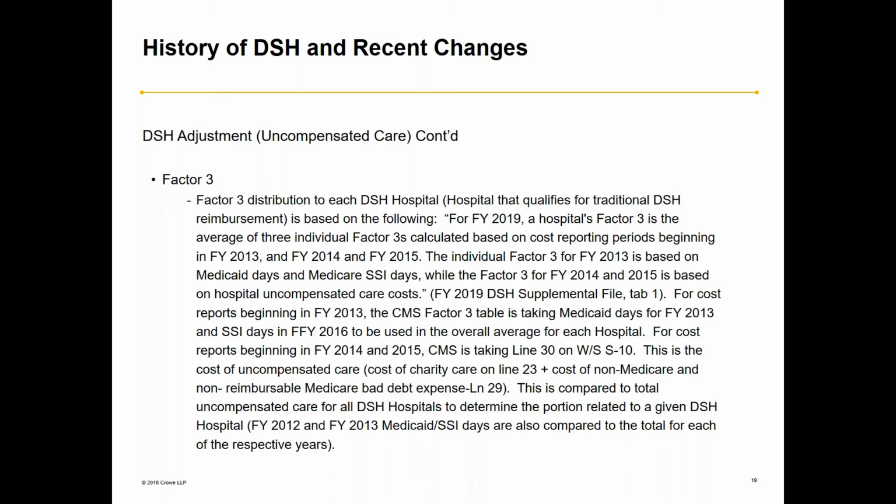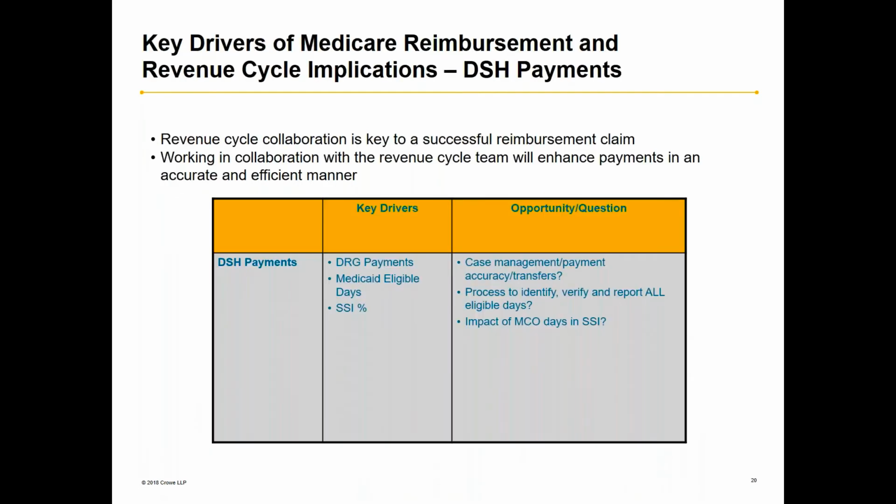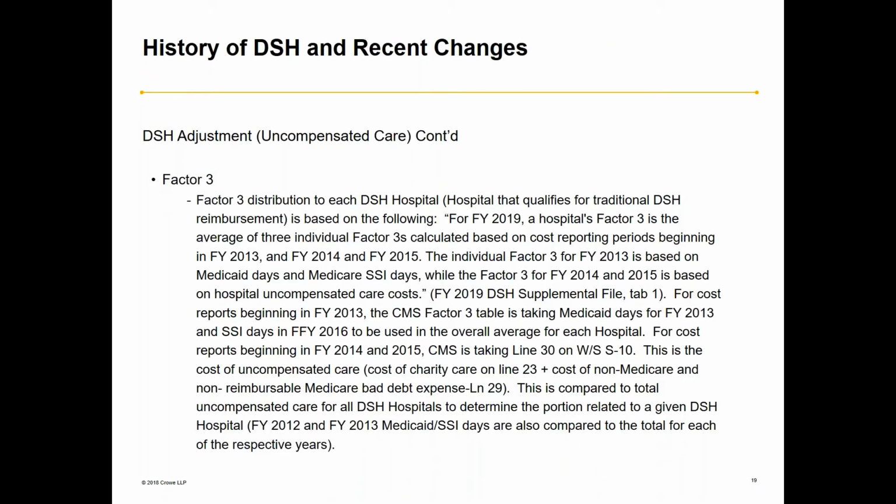In 2018, that changed. They started using numbers from the S-10. So the information that was reported on S-10 became extremely important. The number that goes into the hospital's uncompensated care, if you were looking at S-10, you'd see line 30 on that cost report.